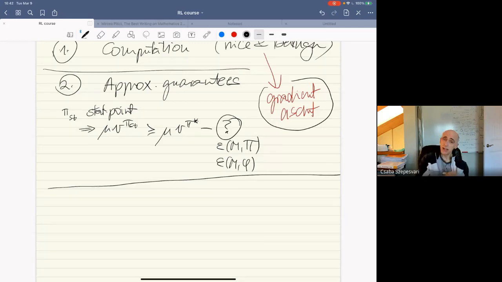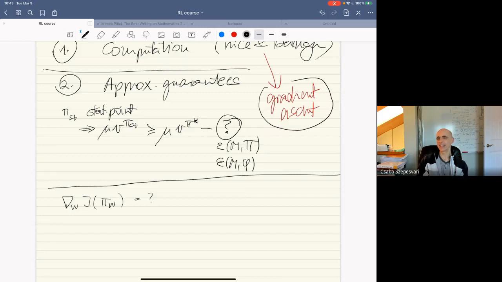And here, okay, so there are the questions about this, right? So if you want to execute gradient ascent, then maybe you should know how to obtain the gradient.